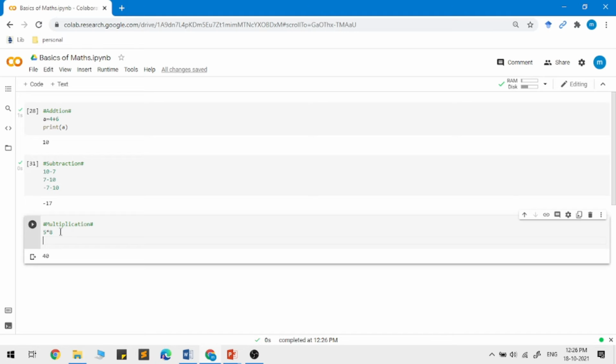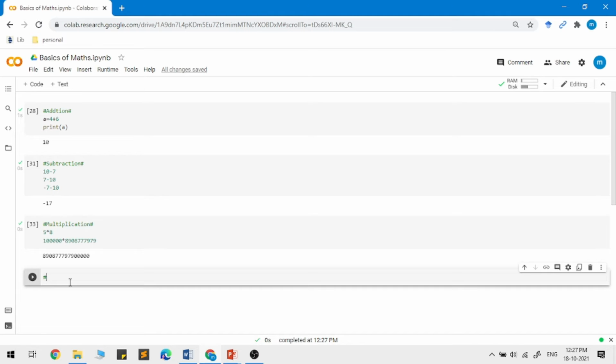Or else I can give higher values, thousands into some value, and it will give the answer. So it is very easy to do addition, subtraction and multiplication. Next we move to the division.